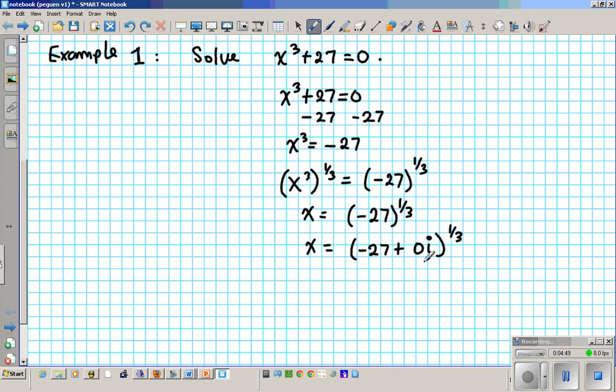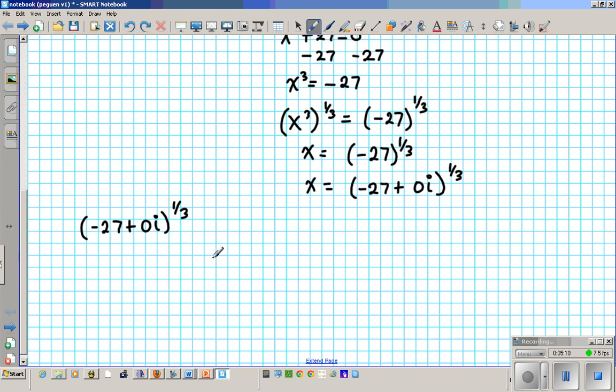This makes explicit my a and my b. So we want to find negative 27 plus 0i to the 1/3.